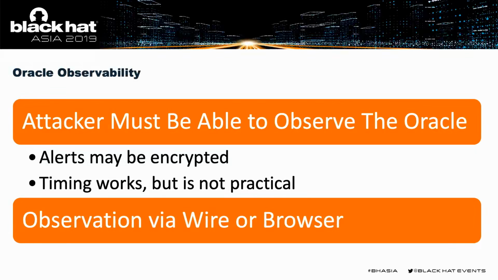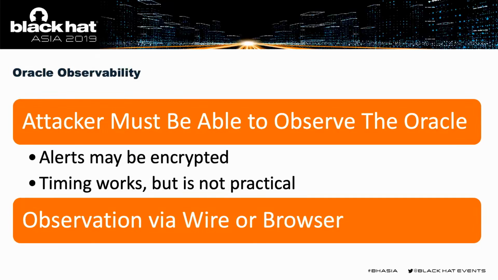Encrypted TLS alerts are not necessarily going to be distinguishable by the attacker readily. It's possible that through some browser tricks you might be able to. Another thing to mention is that timing attacks work, like Lucky 13, but this is not necessarily the most practical when you're talking about an attack over the internet, because there's a lot of fluctuation of latency. You can't always know where it's coming from.